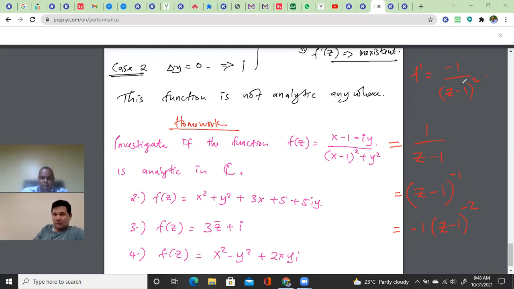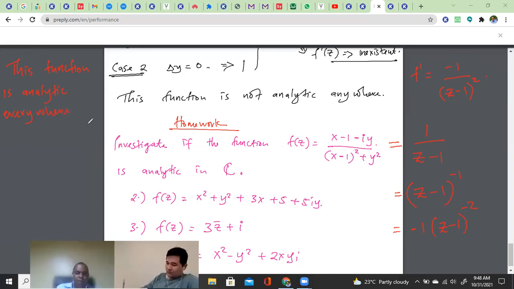So this function is going to be analytic. But remember, for an analytic function, the derivative has to exist. So we are going to say that this function is analytic everywhere, but there is a point where it's not analytic.